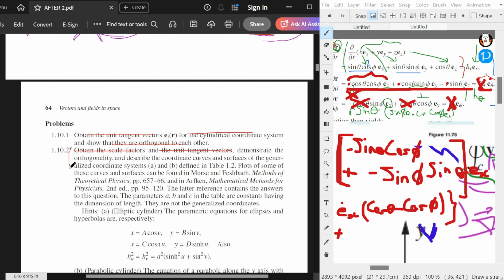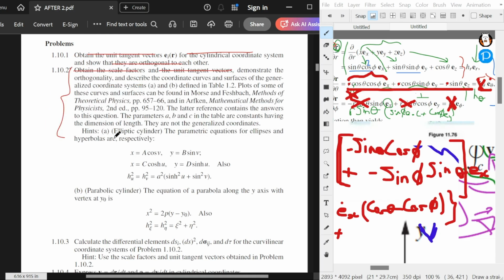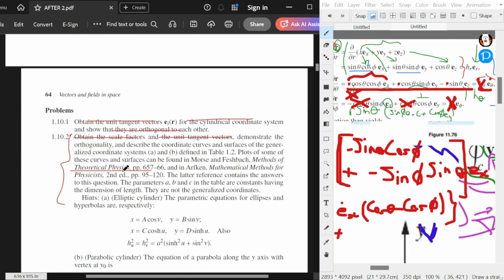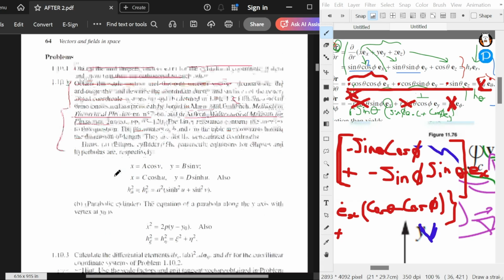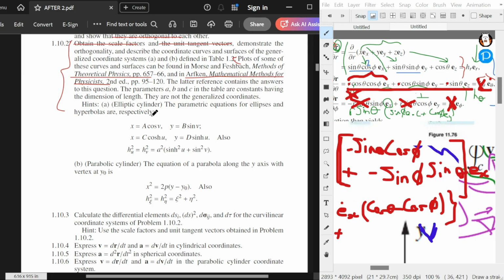So I feel like these questions, I would like to do these questions. But are they referencing other books to do the questions? Found in plots of some of this, so you get some help in the other textbooks. There's some parametric shenanigans.